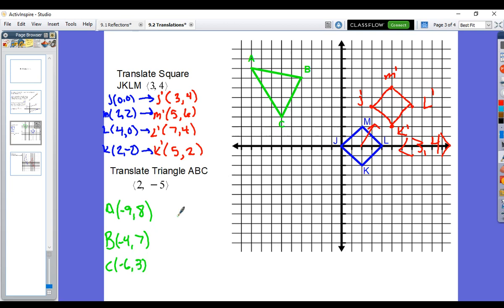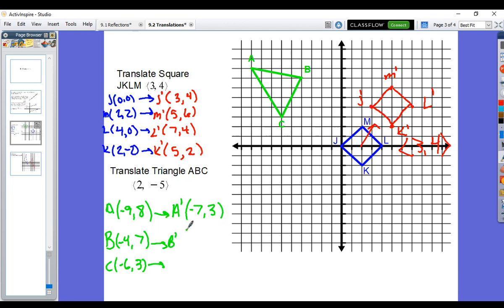I'm going to give you a couple seconds, or you can pause and do these yourself. So we're running along these vectors. Yes, good job, y'all. We are now at A prime, which is at -9 plus 2, which is -7, and 8 minus 5, which is 3.